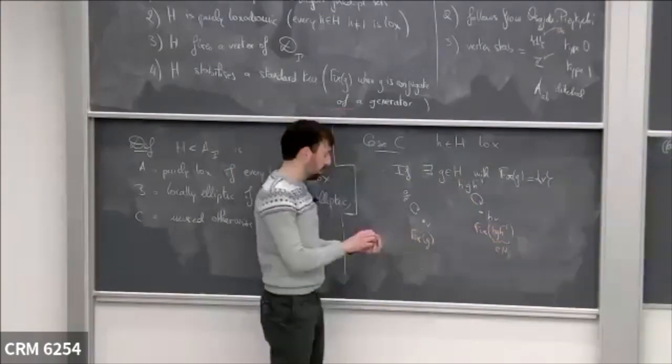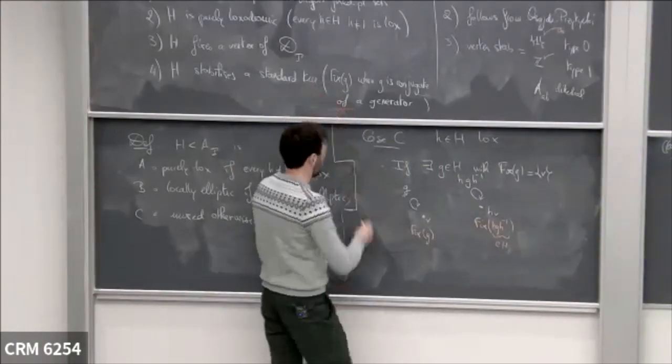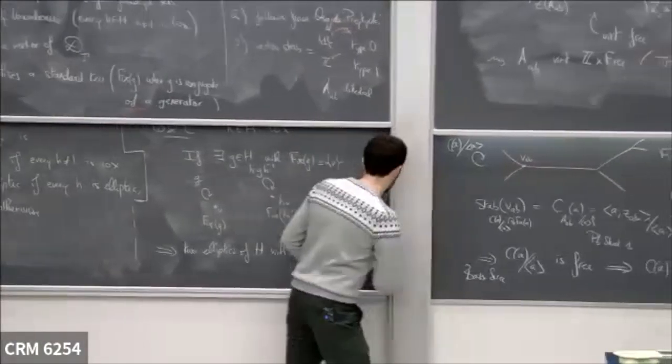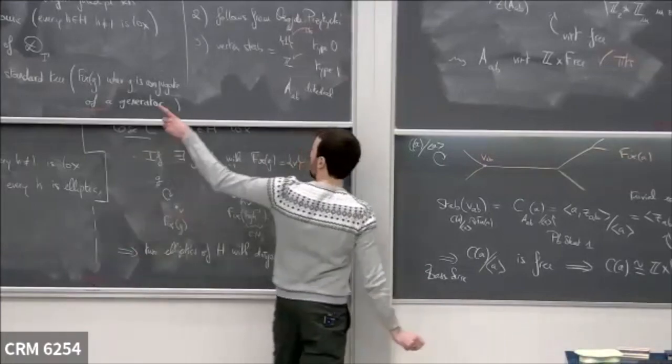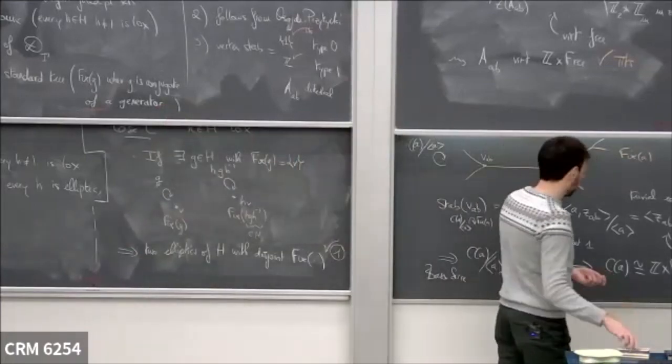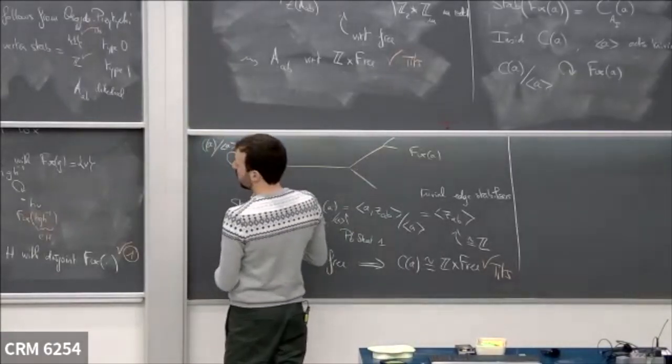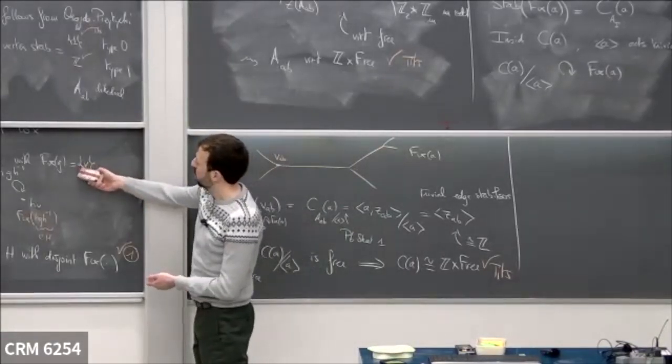So we are exactly in case 1 of the classification theorem. So that was the case where we had at least one vertex type elliptic.